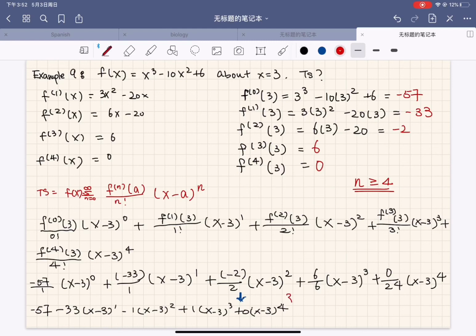And now we can cancel the 1 in front of the brackets, and so the final step, the most we can simplify, will be negative 57 minus 33 times (x minus 3) minus (x minus 3) squared plus (x minus 3) cubed. And that's our final answer here.